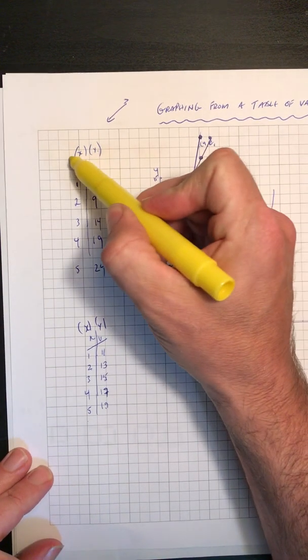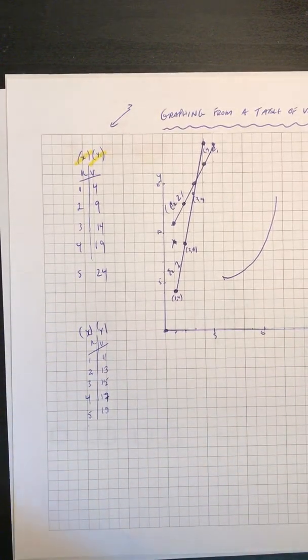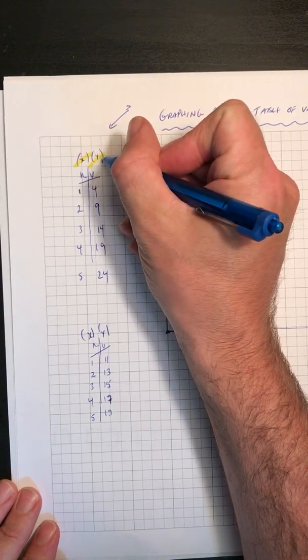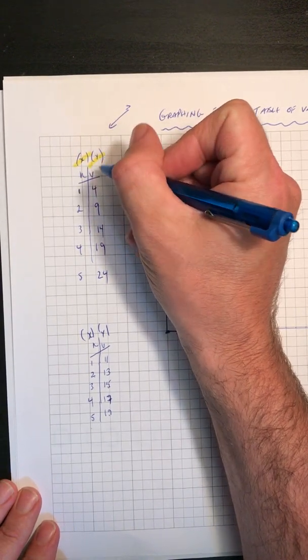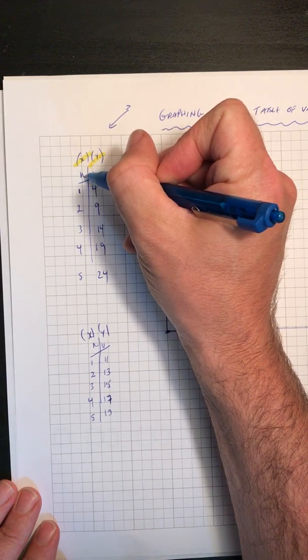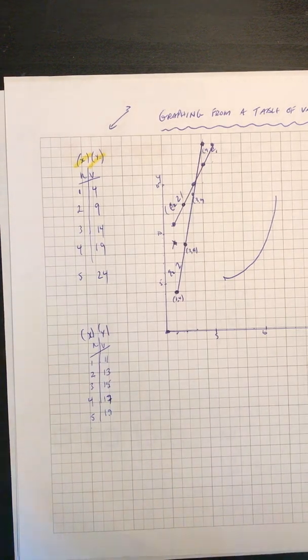How we do that is x and y, just like the order of an ordered pair. X is first, and then y is second. Therefore, anything that falls under term number, n, is what we do on the x-axis, and the term value is the y-axis.